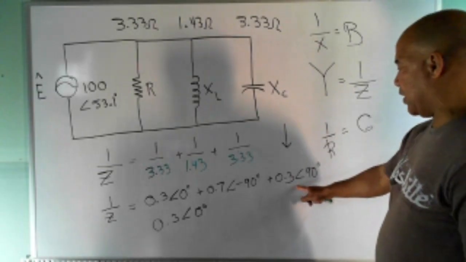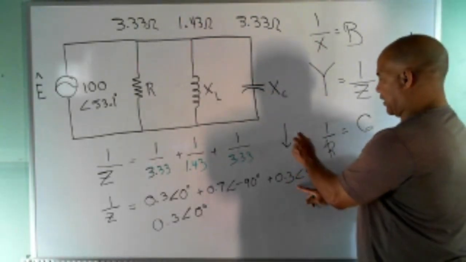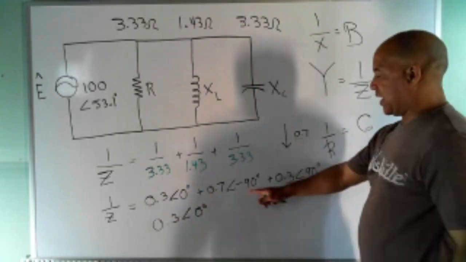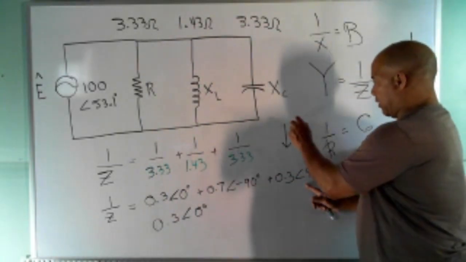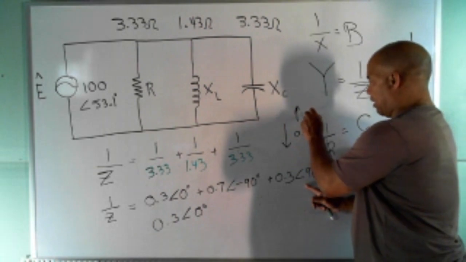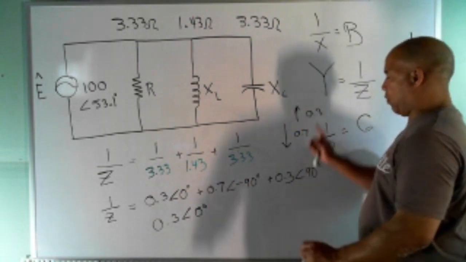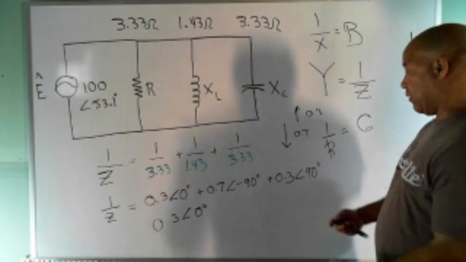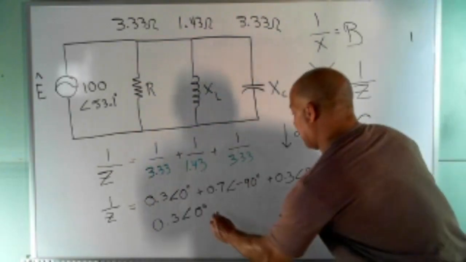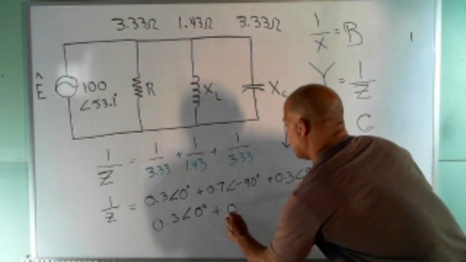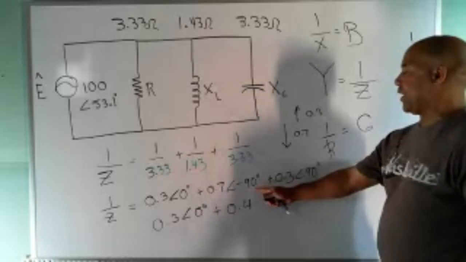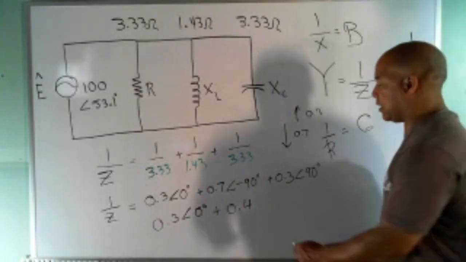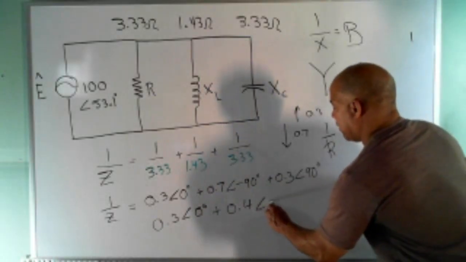The other, with only 0.3 magnitude, is pointing up. So I'm going to take the difference between those, and I'm going to get 0.4 in the direction of the bigger complex number, which would be an angle of minus 90.